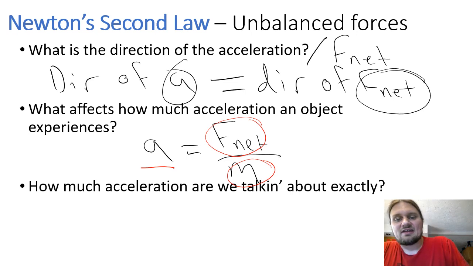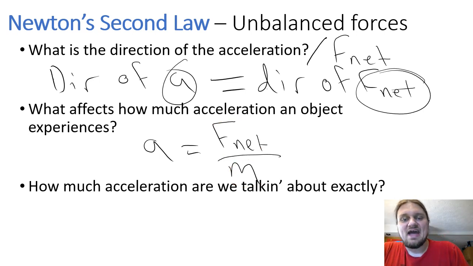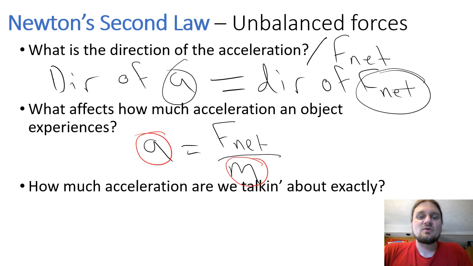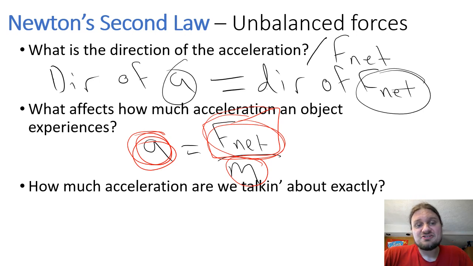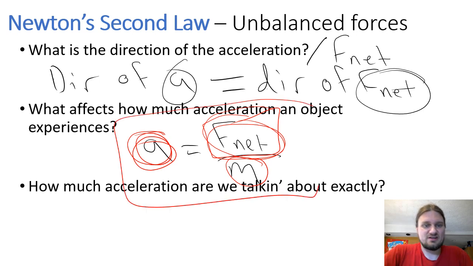Or let's say that we know the mass and the acceleration of an object, we can then use this equation to solve for F net. And so that's, again, more of the links between if I know stuff about the motion, I can know stuff about the forces and vice versa, except Newton's second law allows us to do it quantitatively or numerically. We can get way into the weeds, okay? And then how much acceleration are we talking about exactly? Well, now that I think about it, I may have added that bullet point by mistake, because that's exactly what we're doing right here.